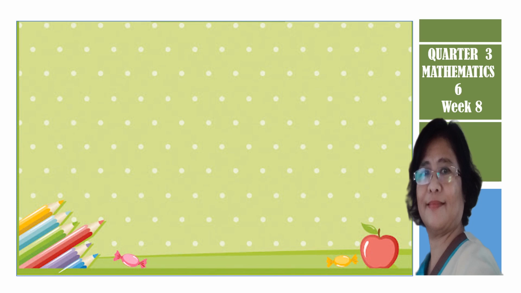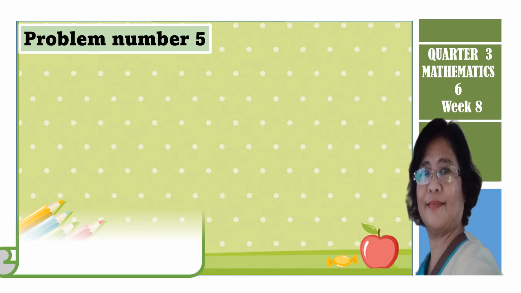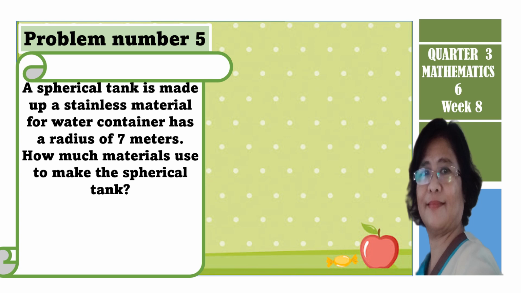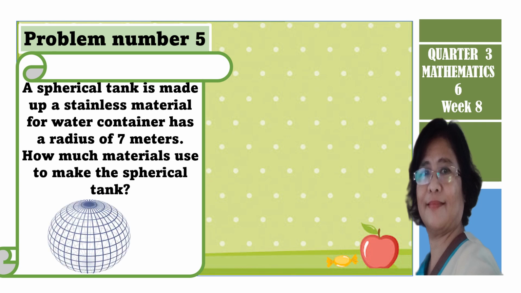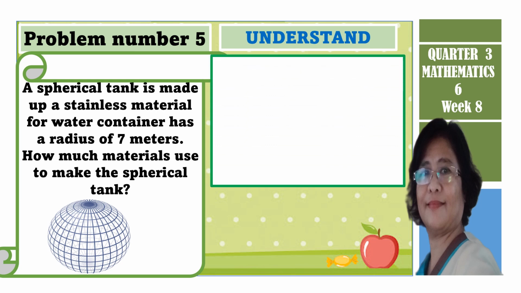Problem number 5. A spherical tank made of stainless material for a water container has a radius of 7 meters. How much material is used to make the spherical tank? To understand the problem, you should always know what the problem is all about.